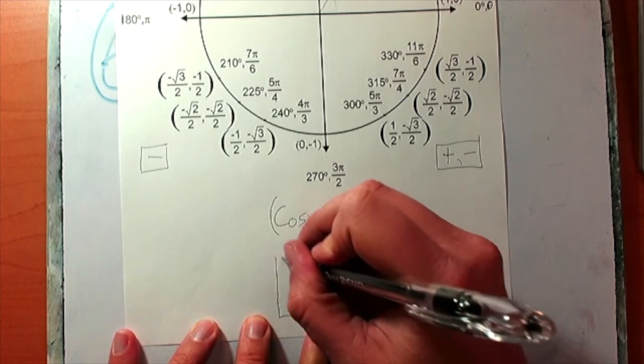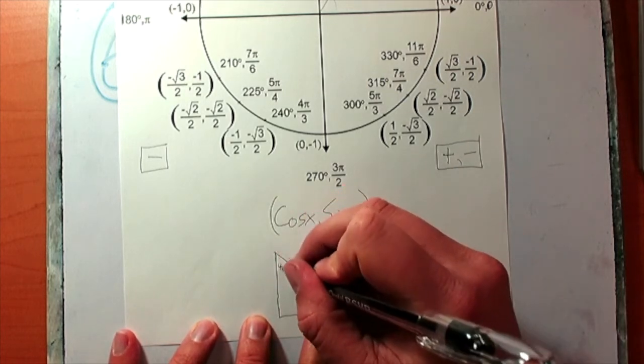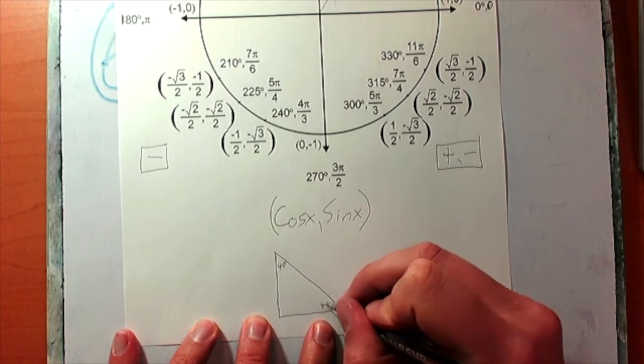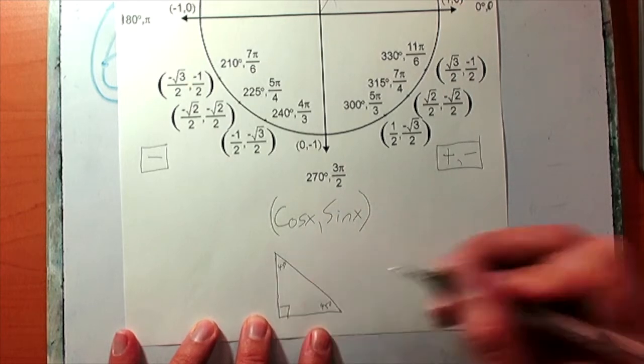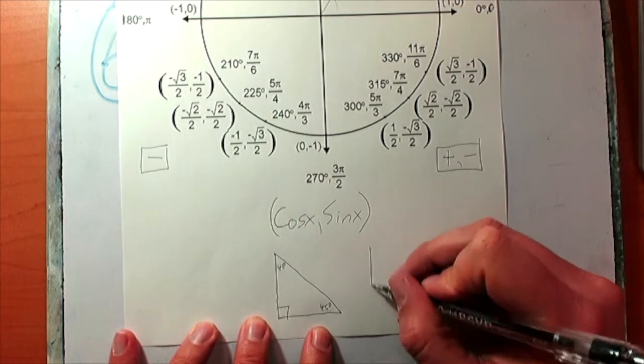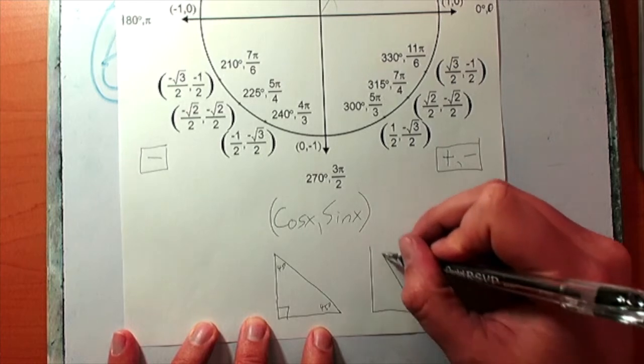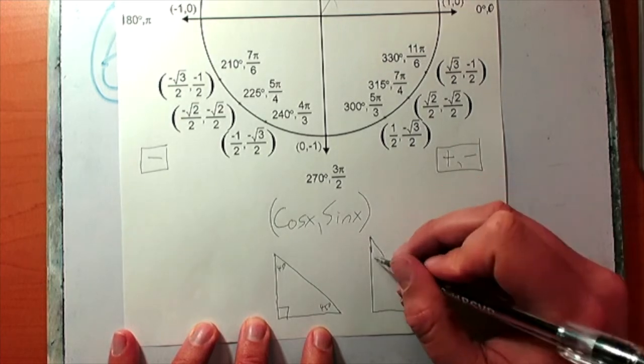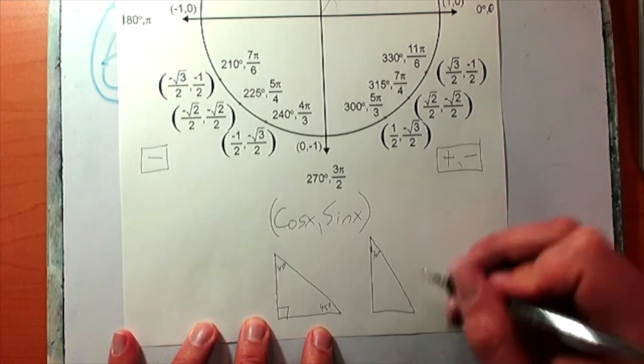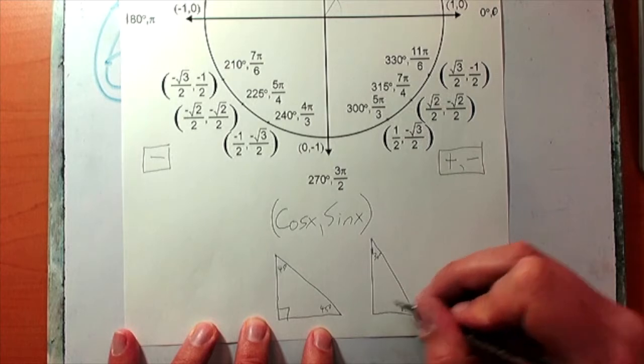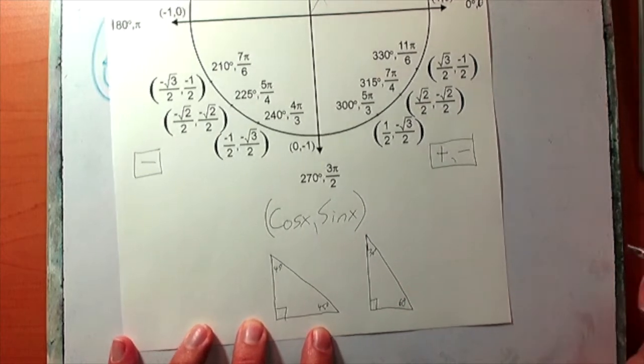One of them is a 45-degree angle triangle on both sides, and this is 90. And the other one has a longer side and a shorter side, and this is 30 degrees, this is 60 degrees, and this is 90 degrees.